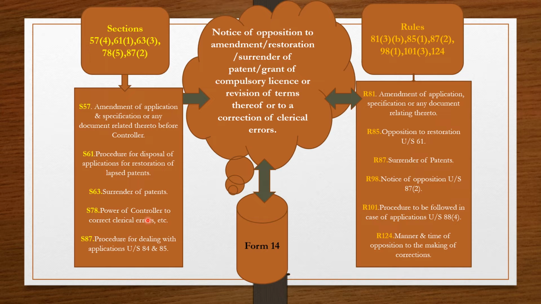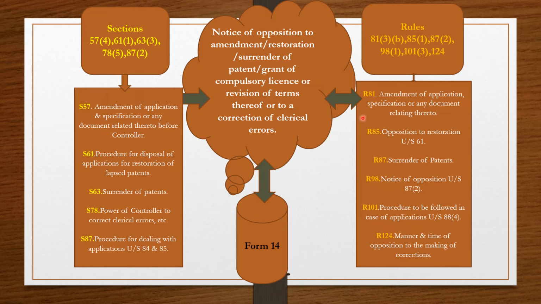So you can see as a whole there are a number of keywords. One keyword is amendment, one is restoration, one is surrender, grant of compulsory license, revision of terms, correction of clerical errors. Here you can relate these terms. Section 57, amendment of application.